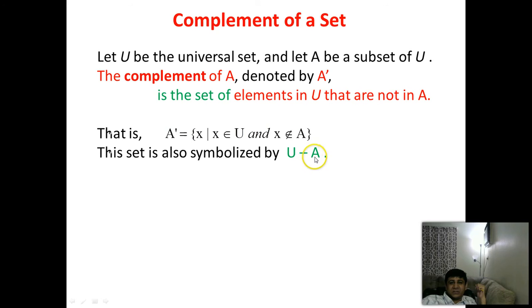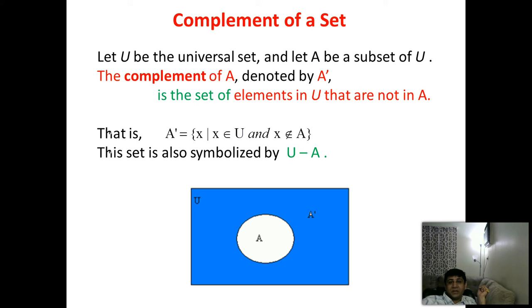I don't think we will use this notation in our book, but some books use it, so I put it up there. In terms of a Venn diagram, if this is set A and we want its complement, it will be everything but this set. So the complement is all this blue region here, that is A prime, the complement of A.